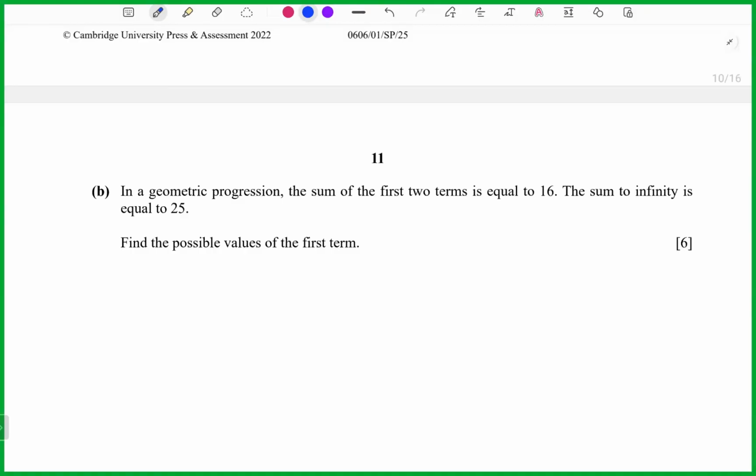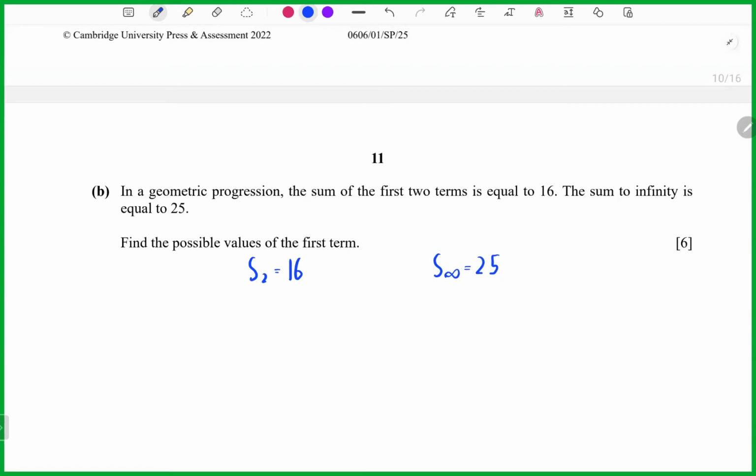Okay, so now I continue question 7. In a geometric progression, the sum of the first two terms is equal to 16. The sum to infinity is equal to 25. Find the possible values of the first term. So I can write here equals 16, and the sum to infinity equals 25. Okay, this is geometric.